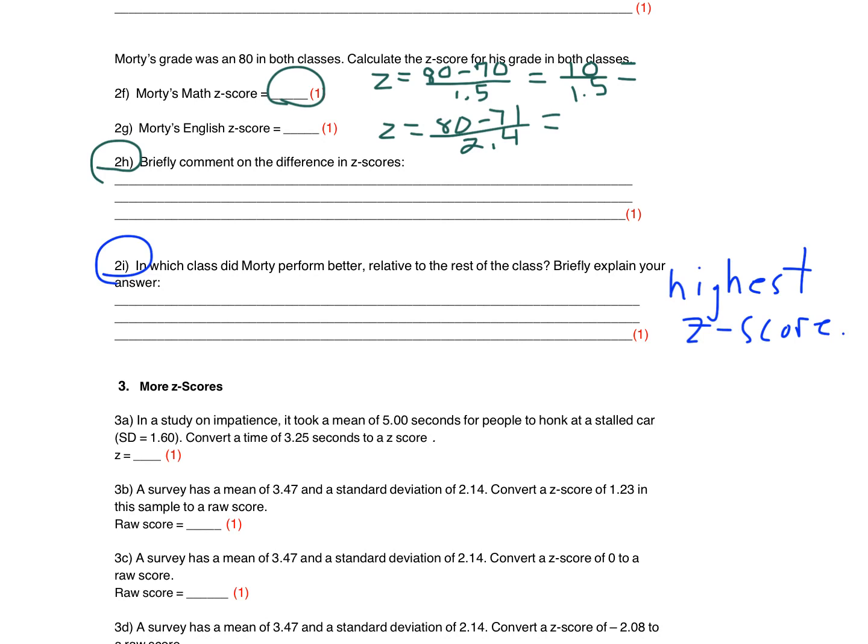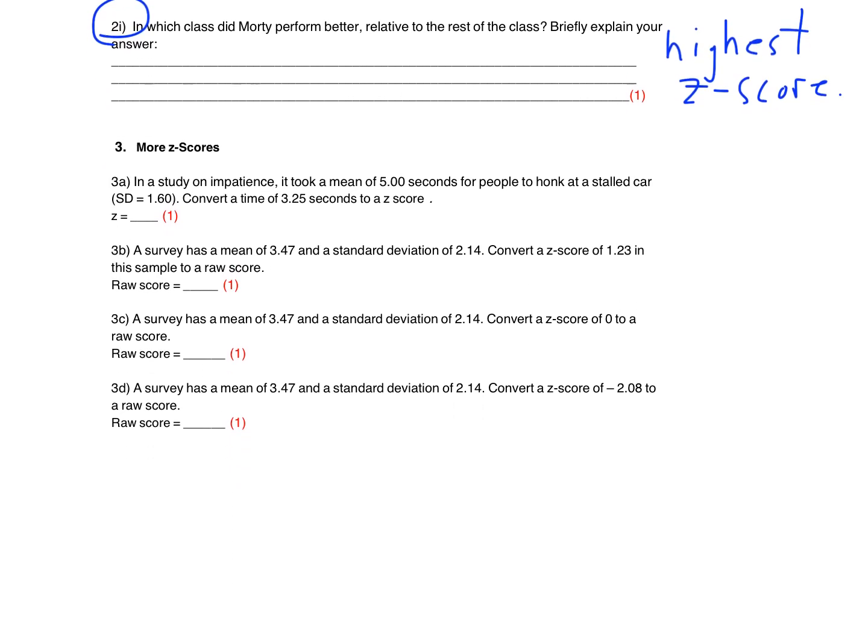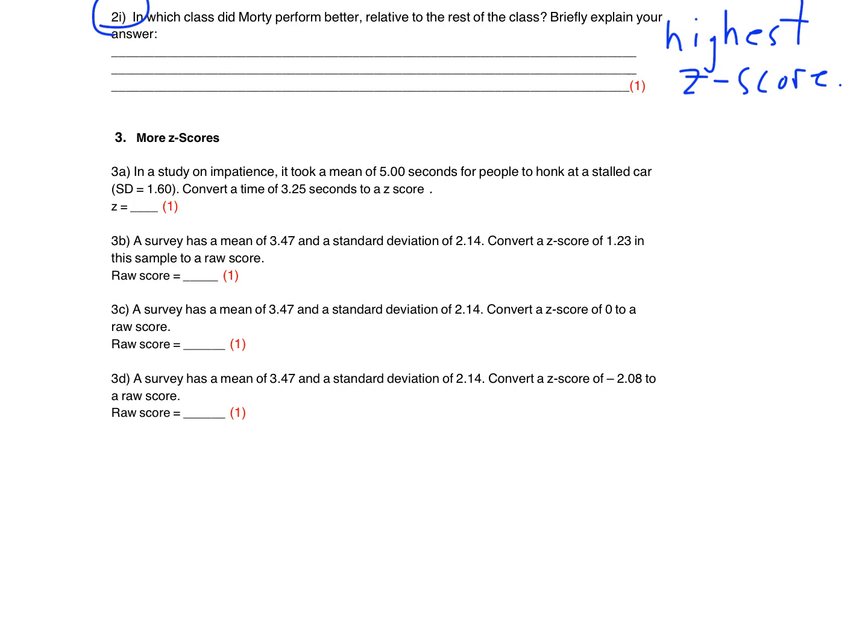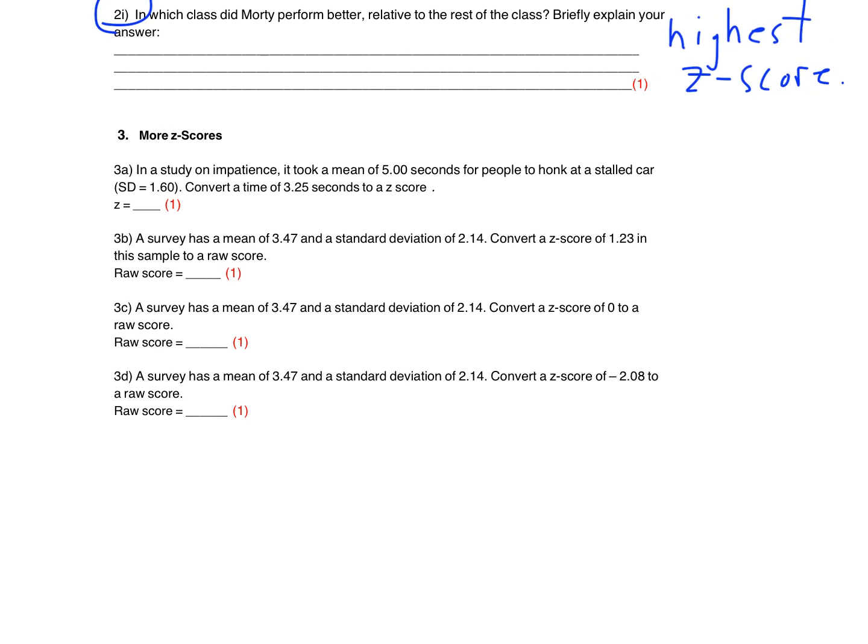So, more Z scores. If we go down to number 3, and this again is stuff from data management that you might remember. I think it'll come back to you a little bit as you're working through this stuff. So we have a mean of 5 seconds and an SD of 1.6. And this is our raw score because this is just a single data point, the 3.25.